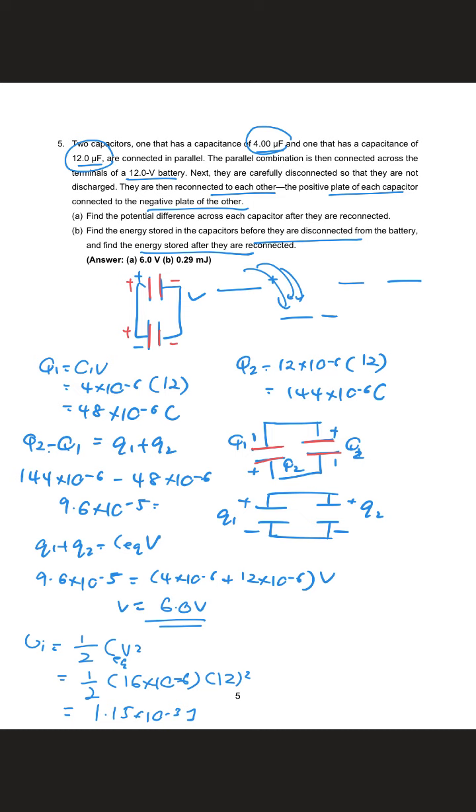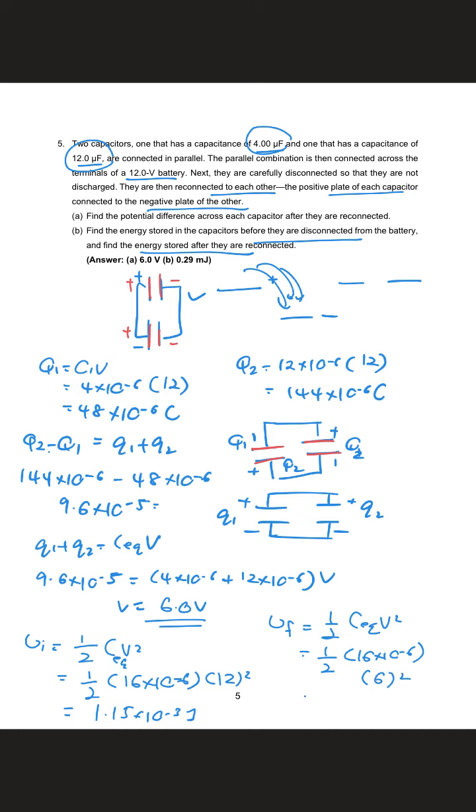This is going to be the energy before they are disconnected from the battery, and we need to find the energy after they are reconnected. Use the same formula, 1/2 C equivalent V squared. Here you are going to get 1/2 times C equivalent, 16 × 10^-6, the combination of 4 and 12, and the potential difference you already got is 6 volt.